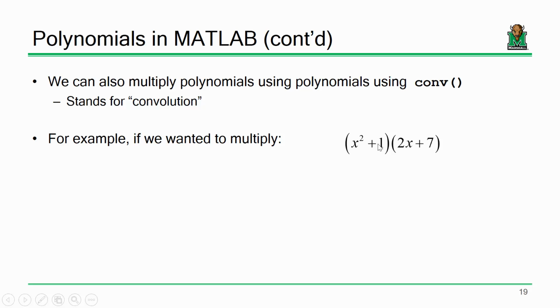So if we multiply these together, then what we could do is, first of all, define A. So let's do it the computer way. Now that you've done it by hand, define A to be 1, 0, 1. Now what is that? That's 1 times x squared, 0 times x, and then 1 as the constant coefficient.